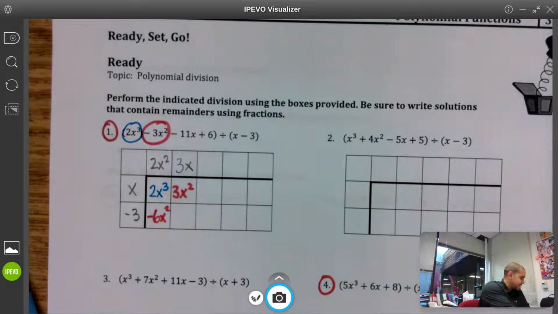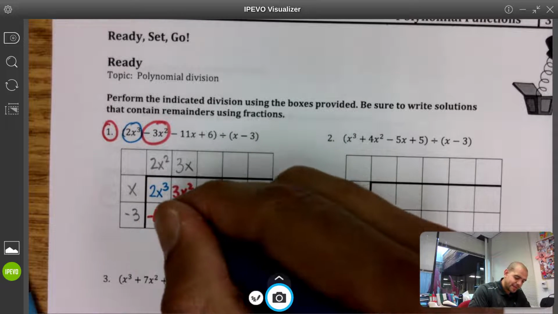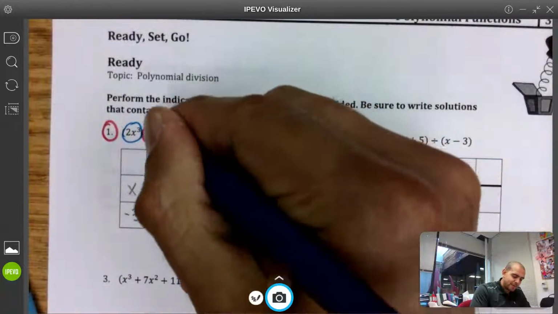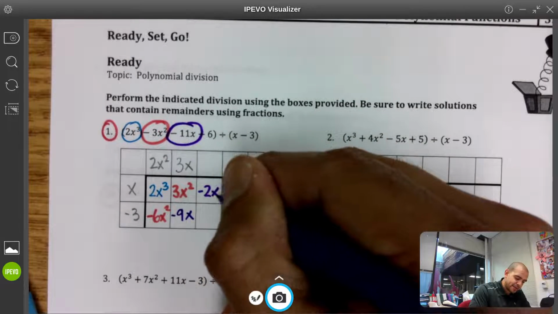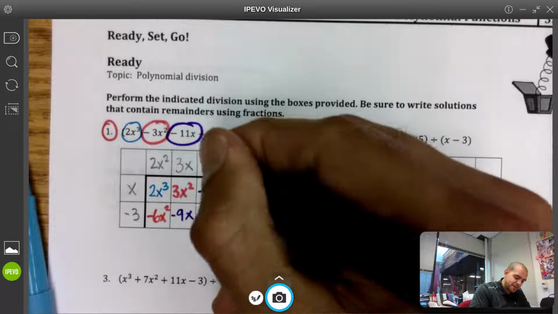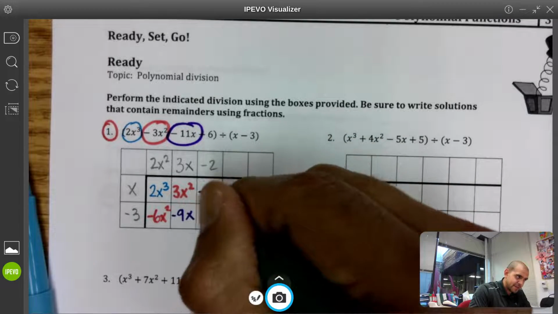So next, to find this down here, -3 times 3x is -9x. -9x plus what will get you a -11x? That's -2x. And then I can figure this out. X times -2 is -2x. -3 times -2 is +6.